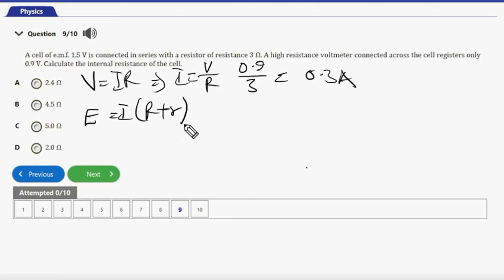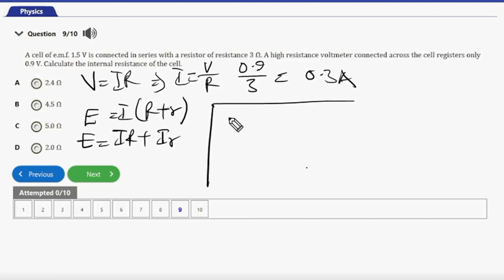So if E is this, then in order for us to find the internal resistance, we have to open this bracket. So E now becomes IR plus Ir. So for this, we can actually have Ir to be E minus IR.